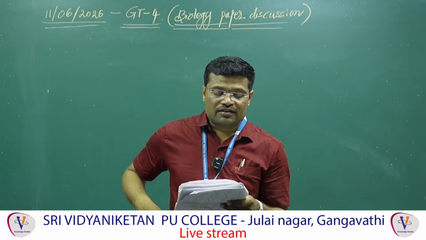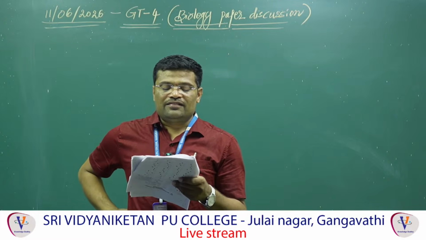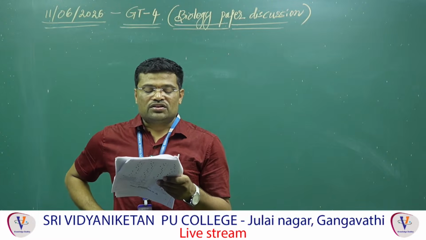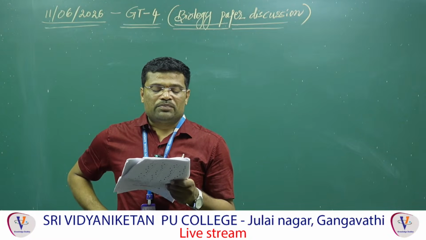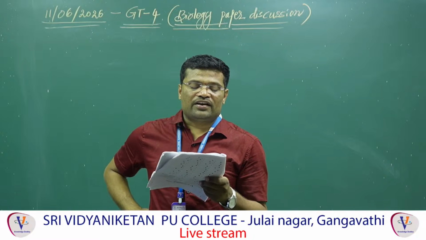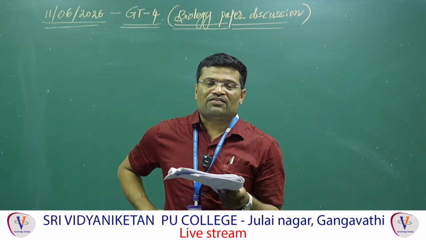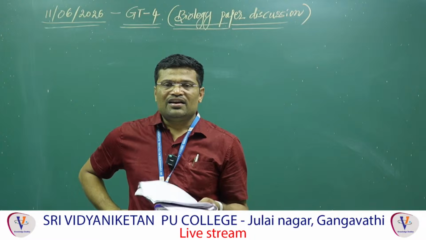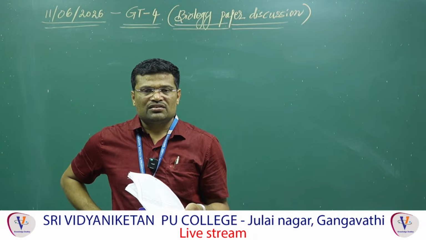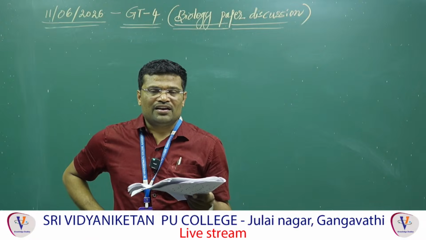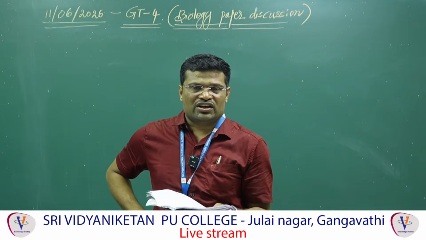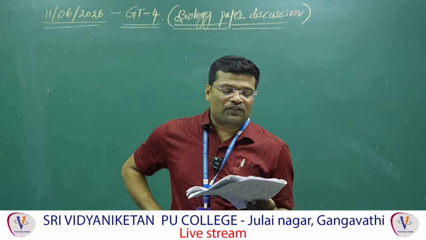Question number 116. Statement 1: insects exhibit adaptation for flight. 100% correct. Statement 2: wings of birds and wings of insects represent convergent evolution. Why? Because in case of convergent evolution, wings of birds and wings of insects exhibit dissimilar structure and origin but perform similar functions.